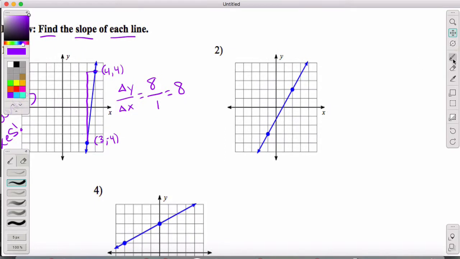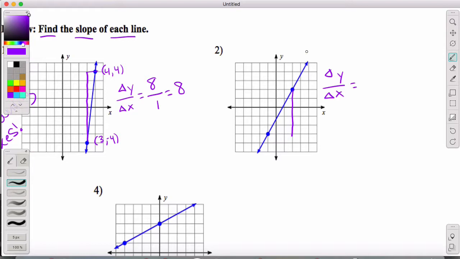I'm going to do kind of the same method, but I'm actually going to start at this top coordinate point instead of the bottom one like I did with number 1, just so we can see that either method works. First off, I know that slope is our change in y over our change in x. So I'm going to start at this point, and we're going to count 1, 2, 3, 4, 5.